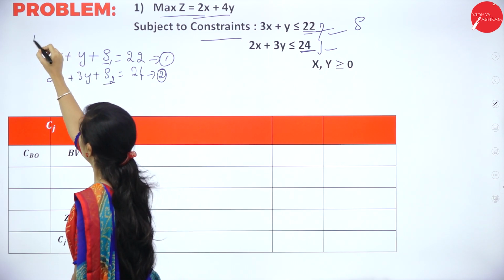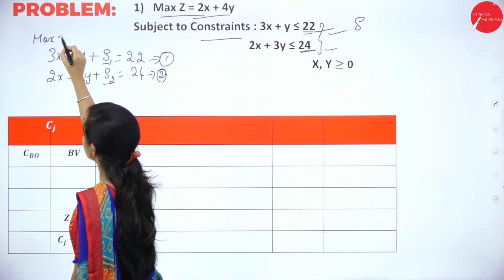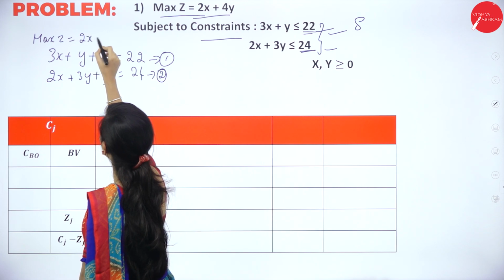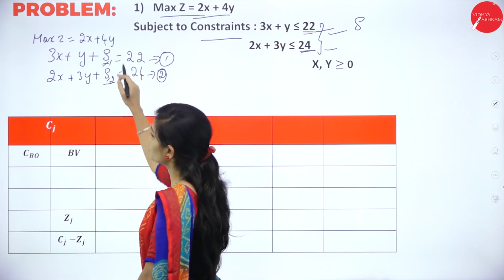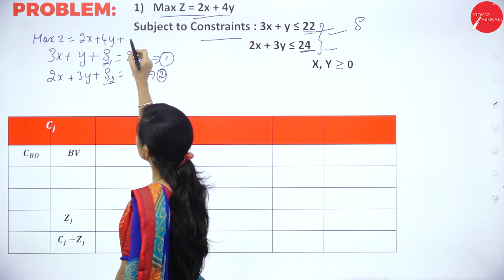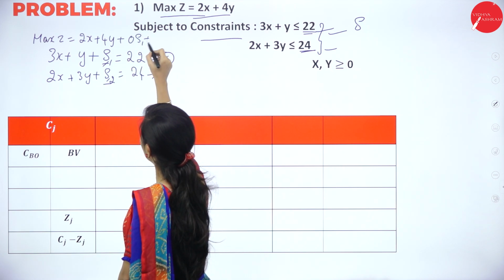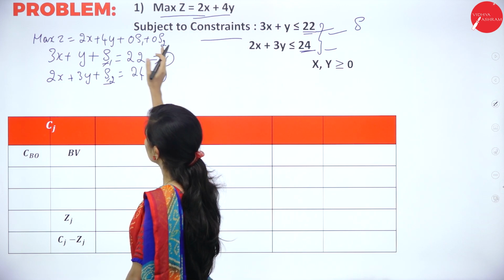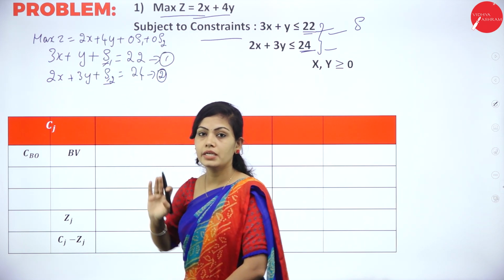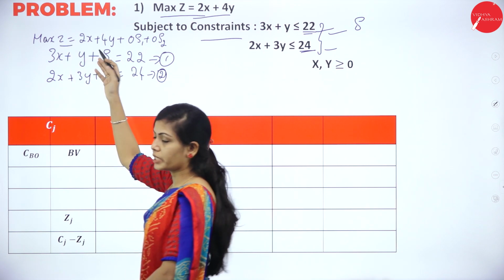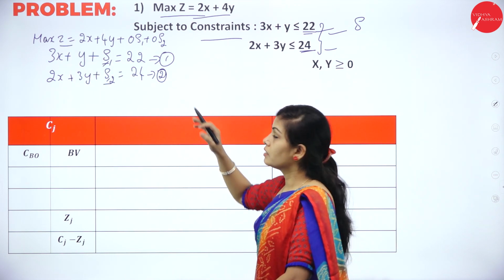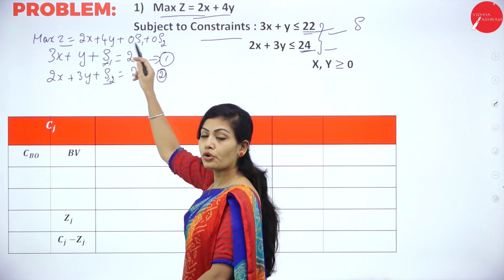So I'll write max z is equal to 2x plus 4y. How many slack variables have been added? Two slack variables, that is 0s1 plus 0s2. Now this is in standard form. So the first step is you have to convert this objective function by adding the slack variables with 0 coefficient.